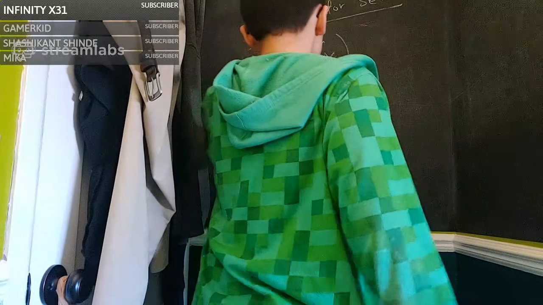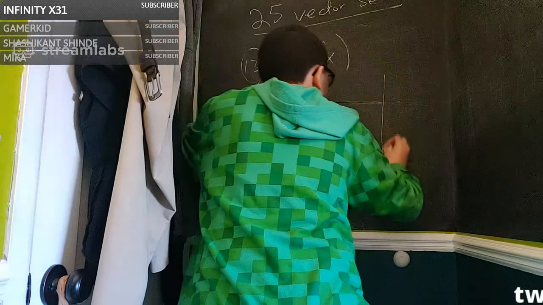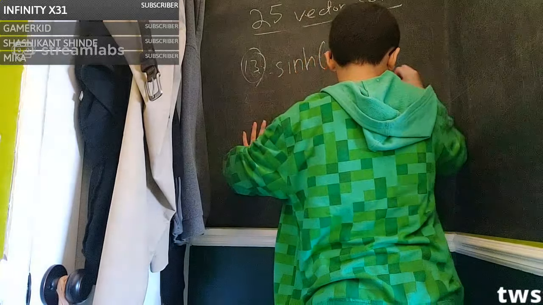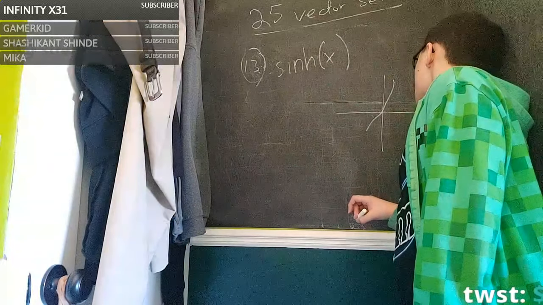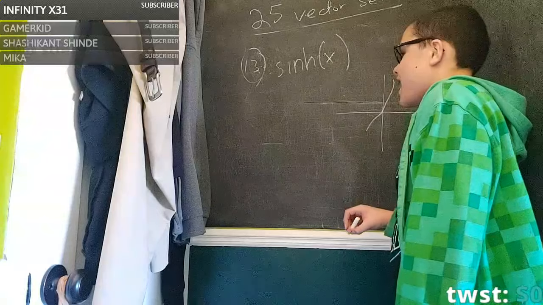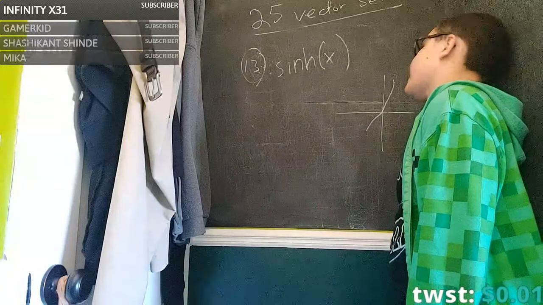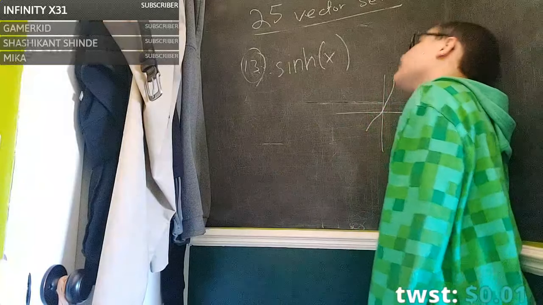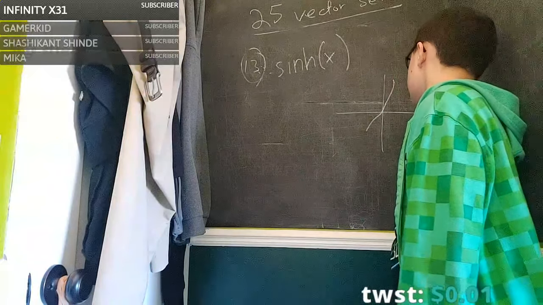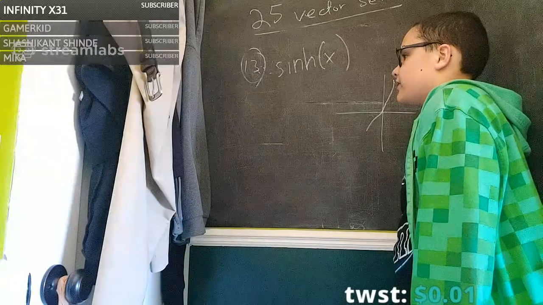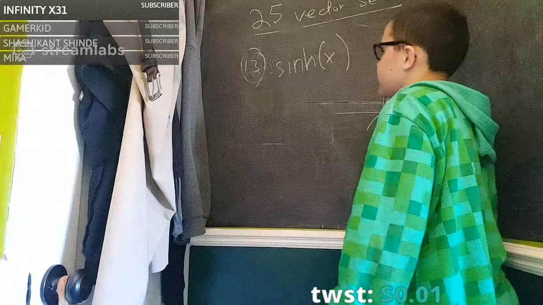Syntax. Graph. That is what the graph looks like. Now, I'm not going to tell you what the graph is. I don't know what sine of I is, but if I recall correctly, sine of I is the same as sine of... Yeah, I don't know. Well, anyways, don't function table this.